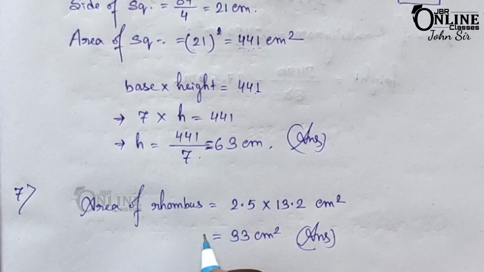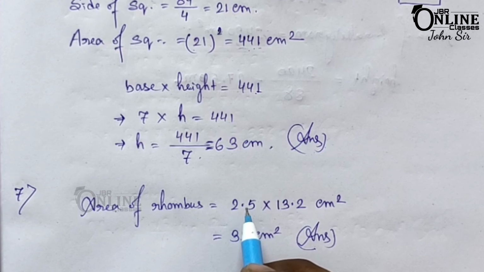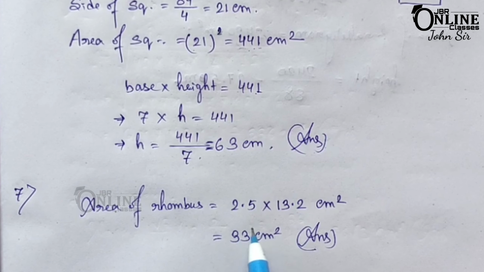Now sum number 7. Find the area of a rhombus whose base equals 2.5 and height equals 13.2. In this question, the height is not just the height, it's the vertical height. Maybe it's a printing mistake.